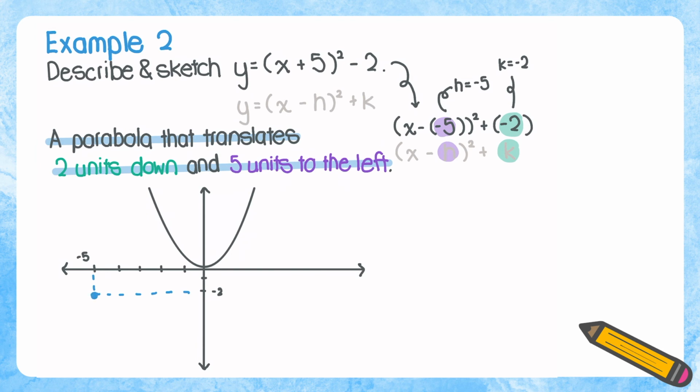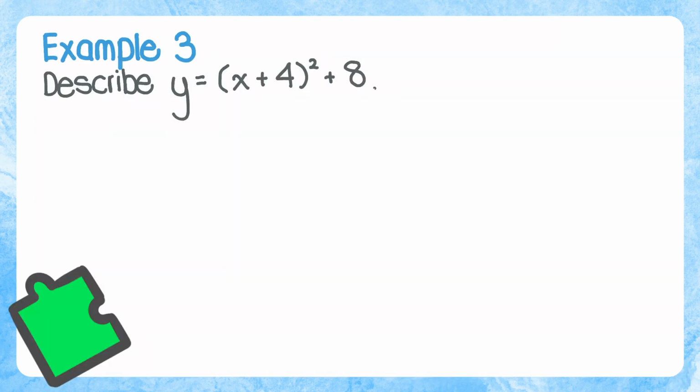So this is my new vertex. And my parabola would look something like this. Again, I know it looks a little off, but it's just a generic sketch. On Edpuzzle, please describe y equals (x plus 4) squared plus 8.